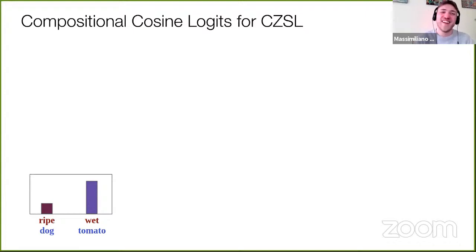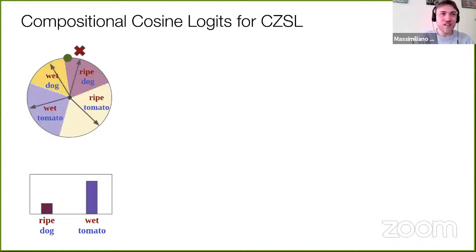Suppose we have a score that tells us the feasibility of each composition, and I will tell you later how we compute these scores. Let's assume the feasibilities are between -1 and 1, in the range of the cosine similarity.